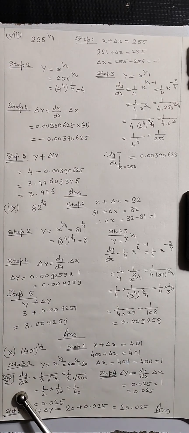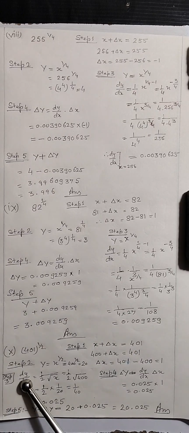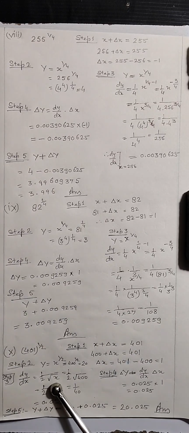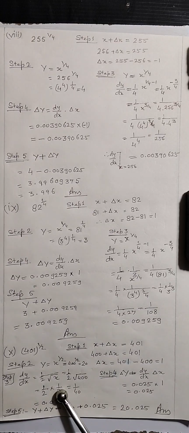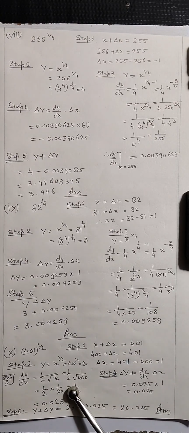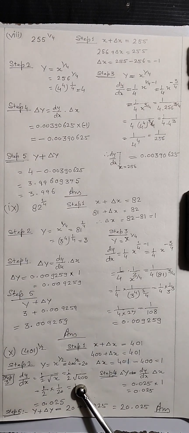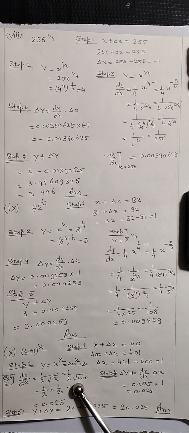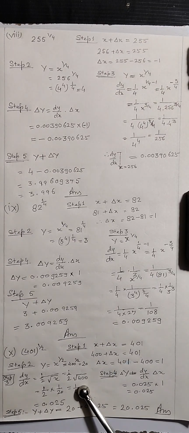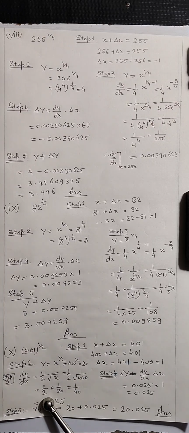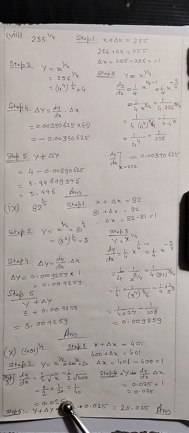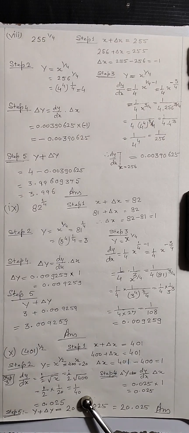Now in step 3, dy by dx, that is equal to 1 upon 2 root of x, that will be equal to 1 upon 2 root of 400. 1 upon 2, 1 upon root of 400. So after solving you will get 1 upon 2 into 1 upon 20, you will get 1 upon 40.